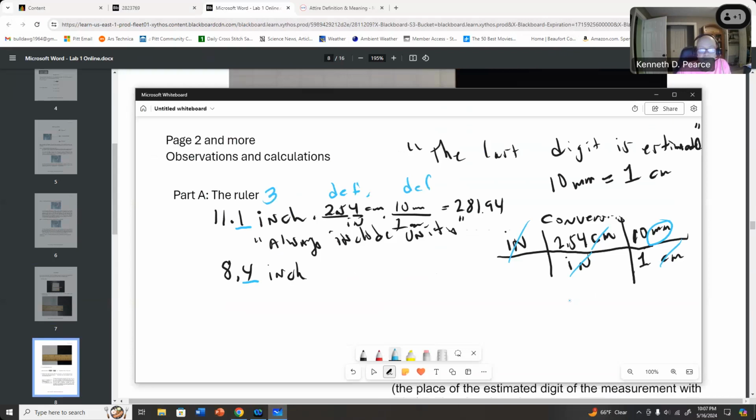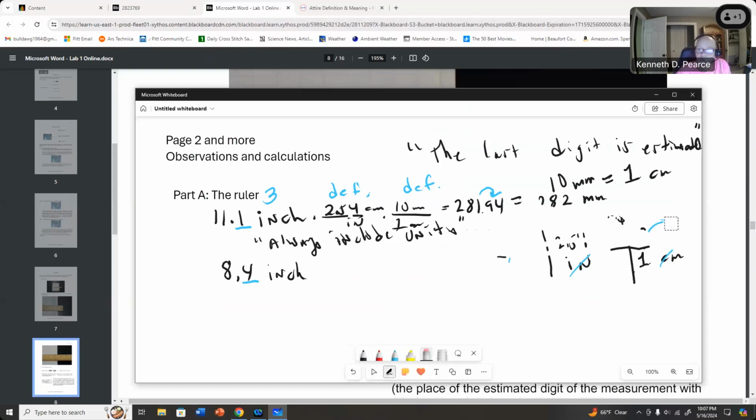This is defined. So our answer should be 3 significant figures. So we go 1, 2, 3 to the 1, 281, that's 3. Least number of significant figures. We look one more over at that 9, and we say that is equal to 282 millimeters.